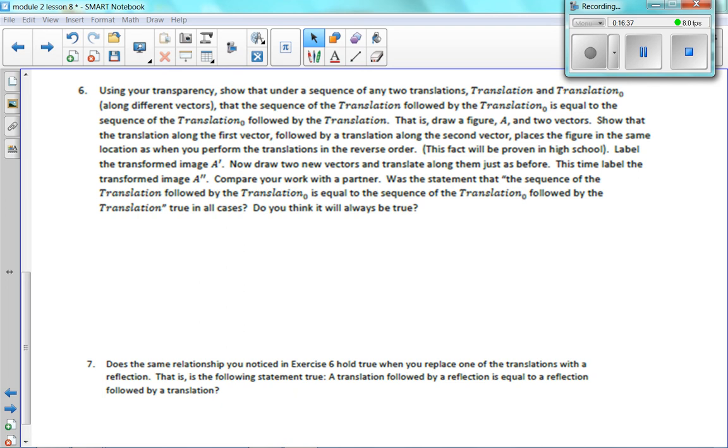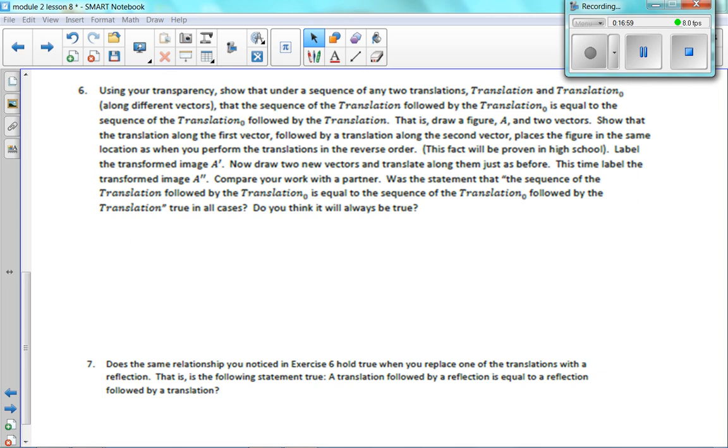In other words, draw a figure A, any figure you want, triangle, square, slice of pizza, and any two vectors. Show that the translation along the first vector, followed by a translation along the second vector, puts the figure in the same location as when you perform the translations in reverse order.